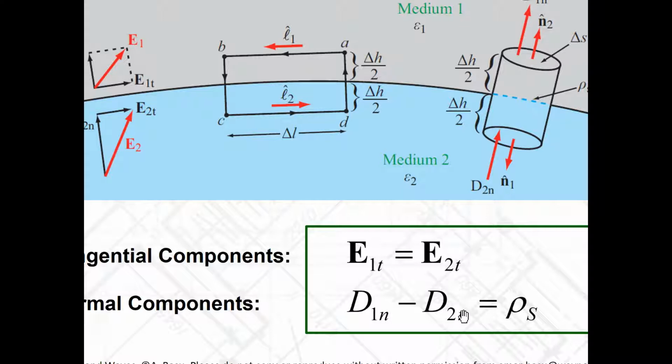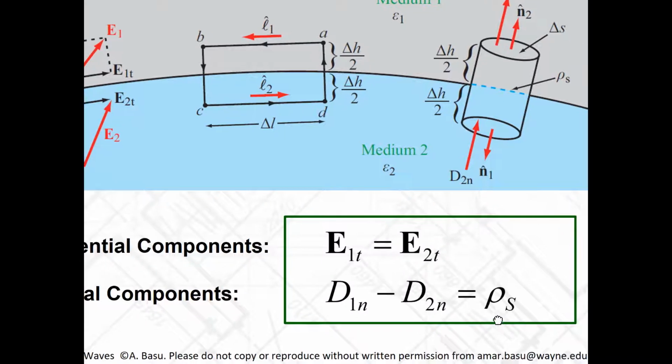And if you recall, D is equal to epsilon E. So D1n is going to be epsilon 1 times E1n, and D2n is going to be epsilon 2 times E2n. The difference in these normal components is equal to the charge density at the interface.